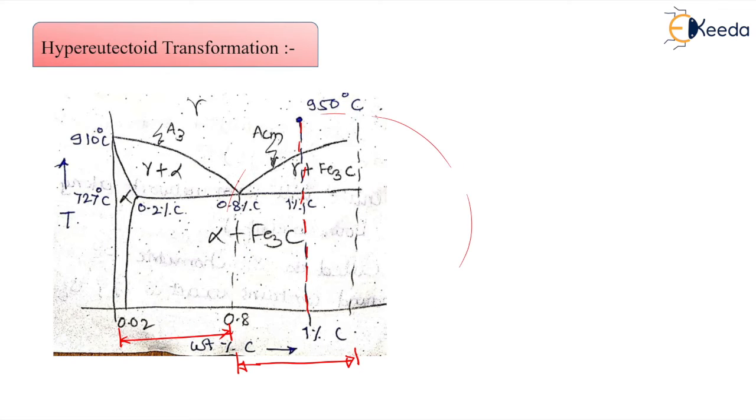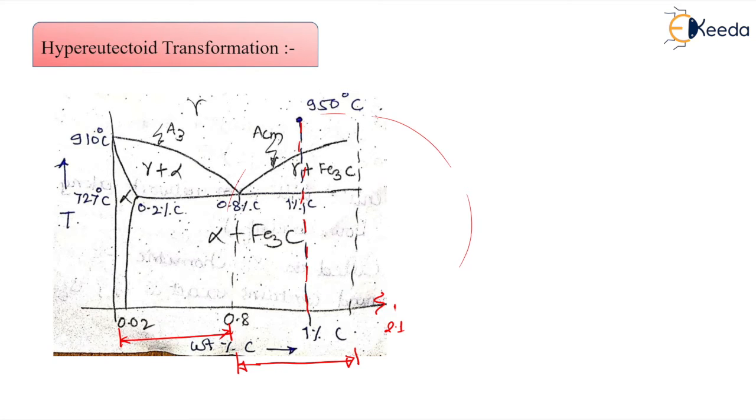So I have chosen the 1% carbon, and I am going to 950 degrees centigrade. Of course, at 950 degrees centigrade everything is gamma austenite. If you look at it, from 0.8 to 2.1% carbon, that will be our hypereutectoid steel.